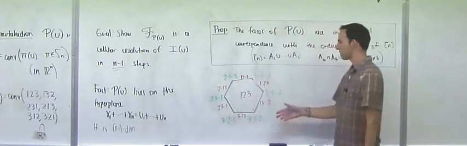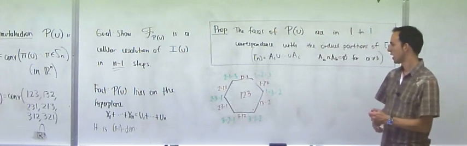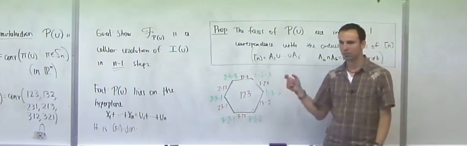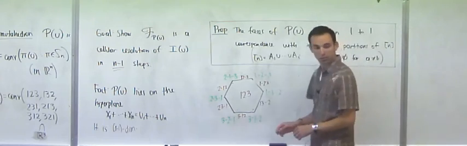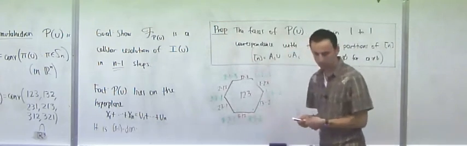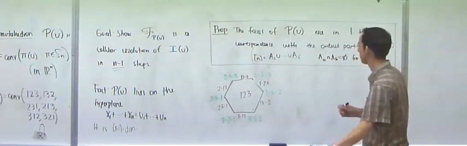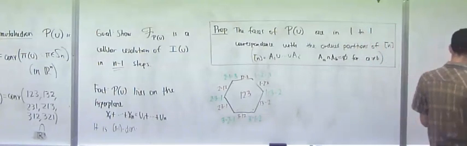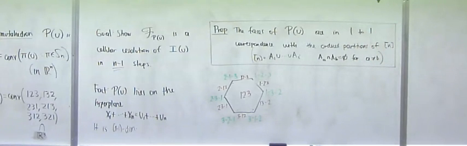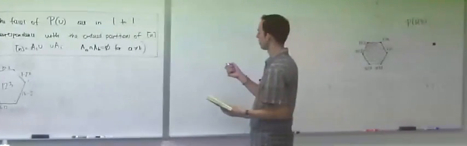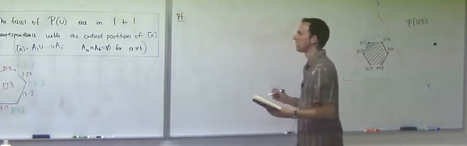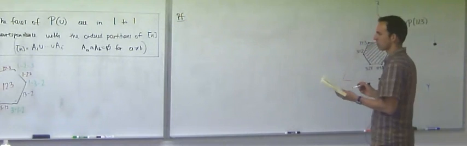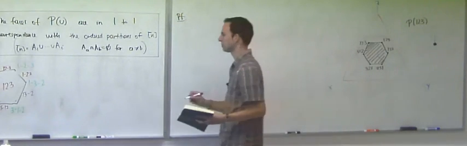If you look at this, these are all the possible ways of splitting up the set 1, 2, 3 into pieces in order. So I want to prove that it's always like this. So let's do that. Proof. We can start over here.